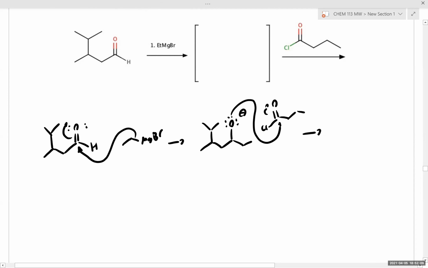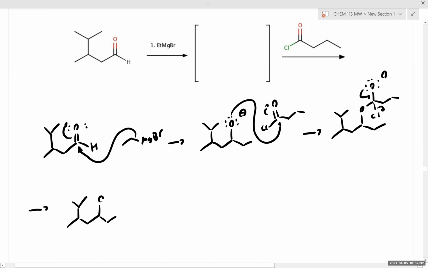And we get a tetrahedral intermediate. Now, this tetrahedral intermediate will collapse and we'd kick out our best leaving group, which is chloride. And that in turn gives us our isolable final product.